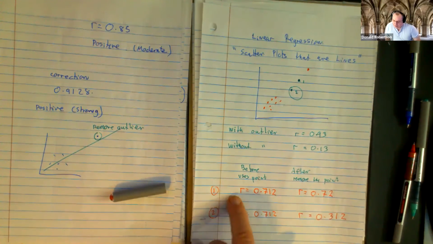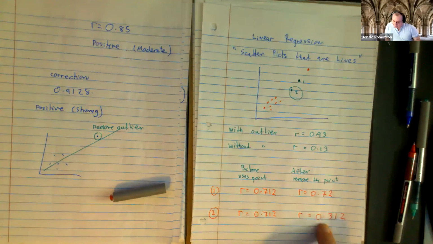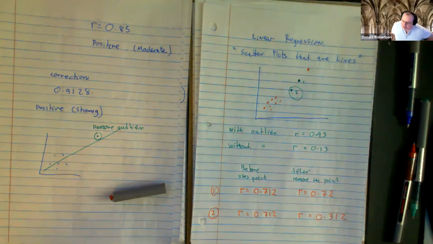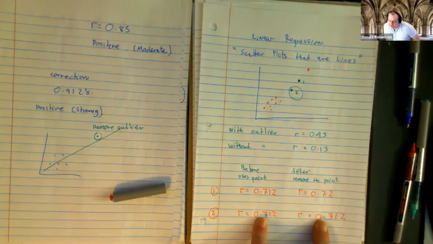Right? Before and after. Before and after. Which one of these two situations is evidence that the guy you got rid of was an outlier? 2. Can you see if it makes a significant effect on the correlation coefficient's value, right?